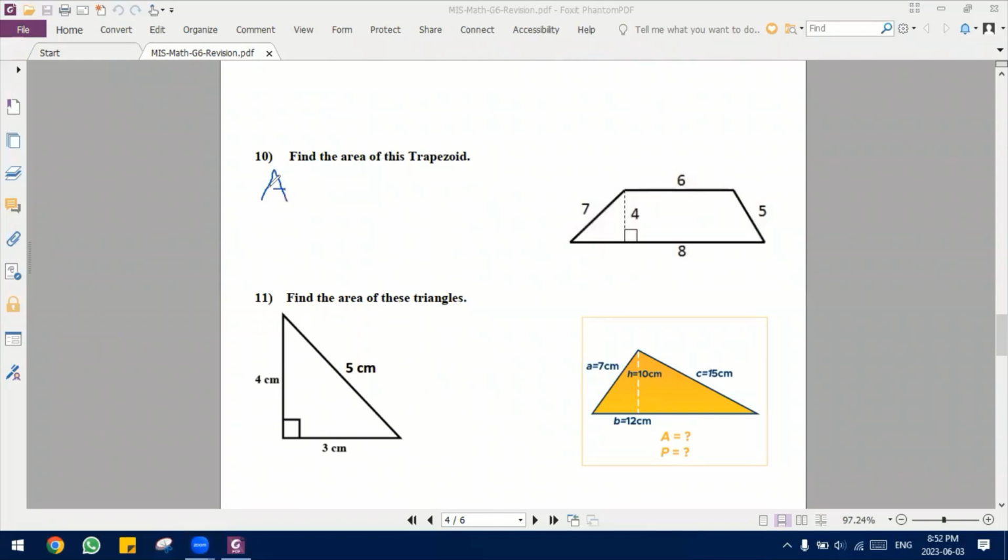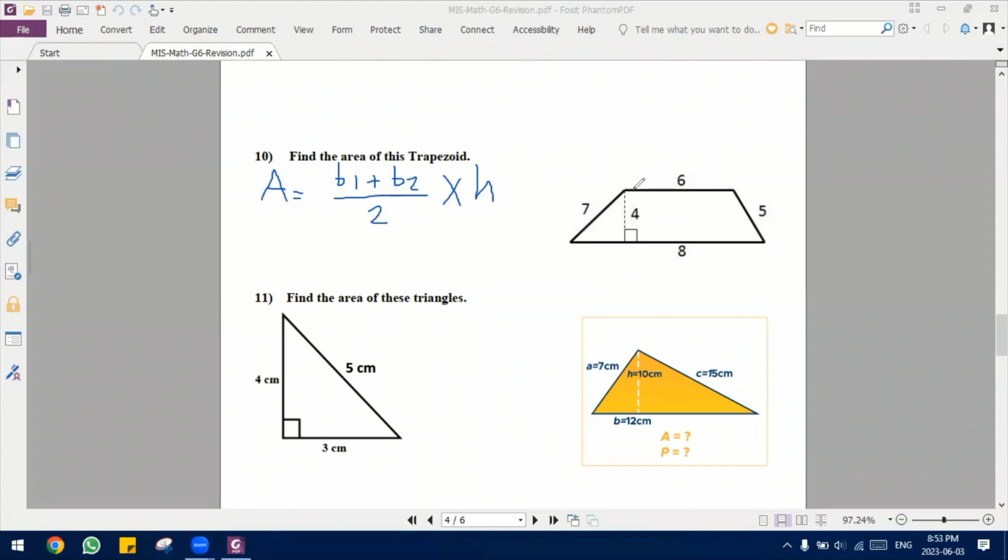The area of the trapezoid is equal to base 1 plus base 2 divided by 2. So this is the average of the base. So imagine it's base and then times height. So it's also base times height, but here we have problem with the base. We need to solve it.